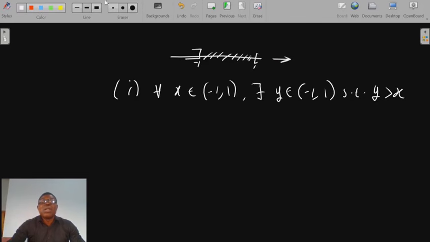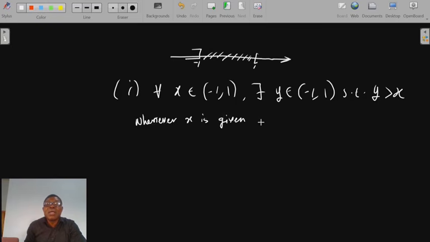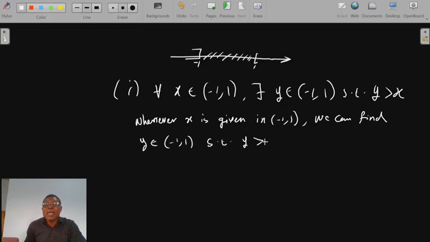I'm just doing all these things for clarity's sake. So for any x, whenever x is given in (-1, 1), we can find y in (-1, 1) so that y is bigger than x.